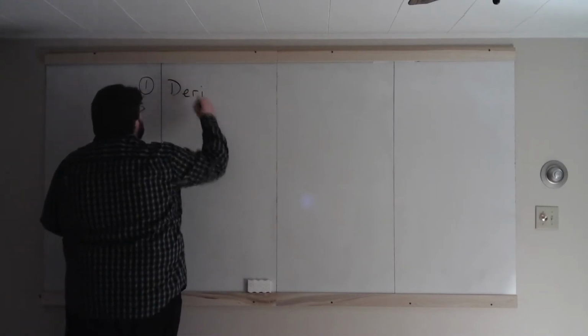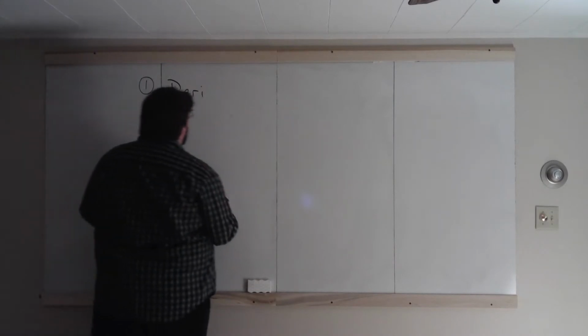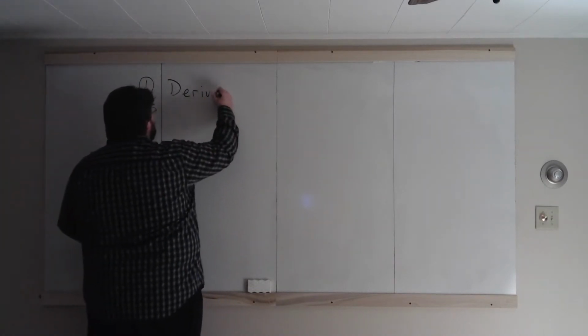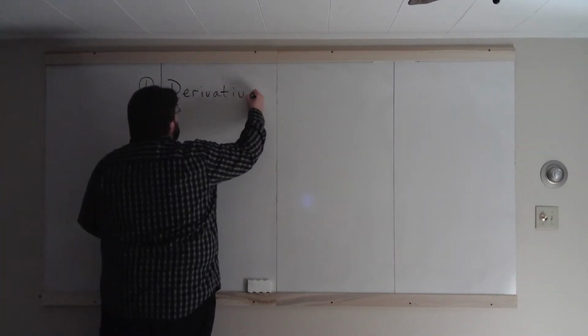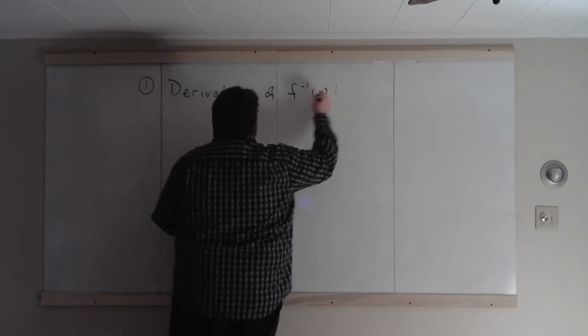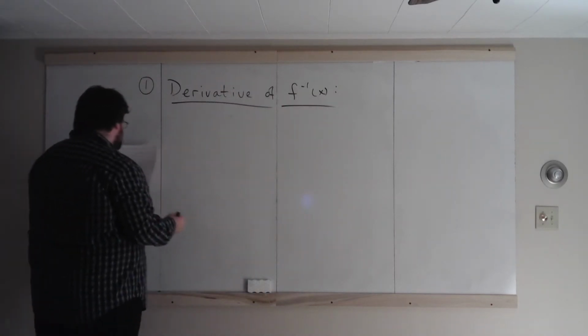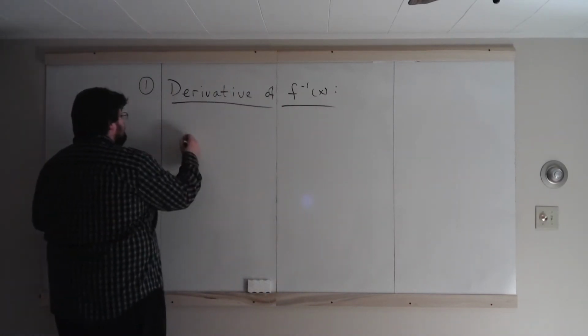And we're going to remember that and apply the chain rule on one of those compositions. So first, derivative of f inverse of x. And we're going to get a formula for this.